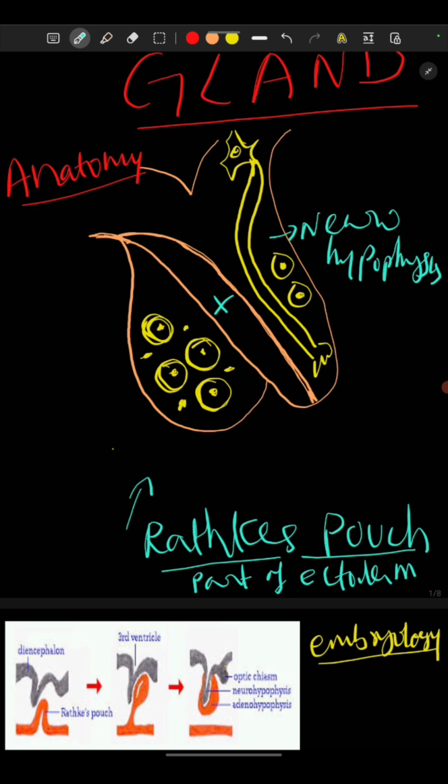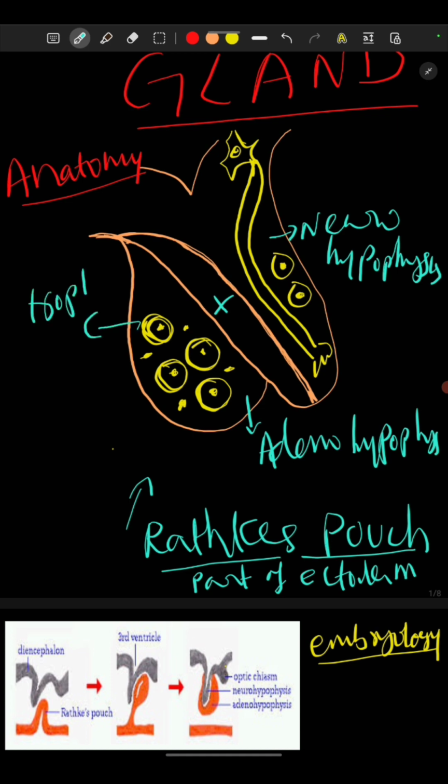In the anterior lobe, the cells are arranged in a glandular pattern, so it is called the adenohypophysis. We know that adeno means glandular. The cells here are called trophic cells, and these cells are supporting cells, which provide nourishment to the trophic cells.